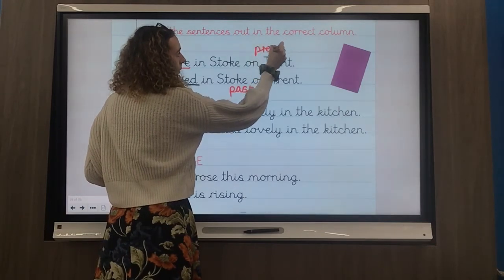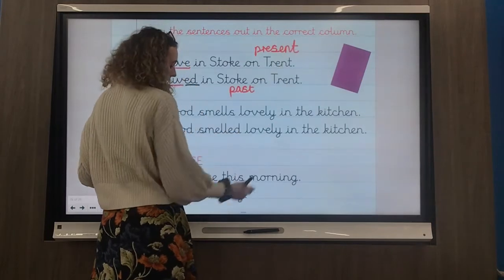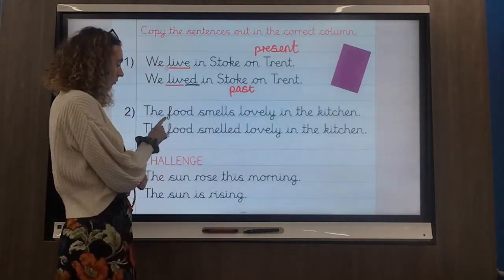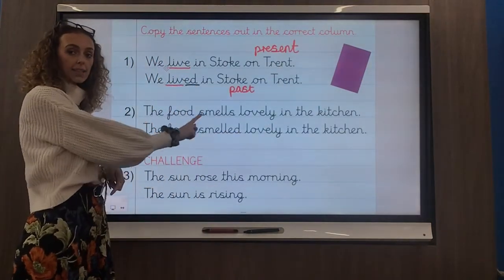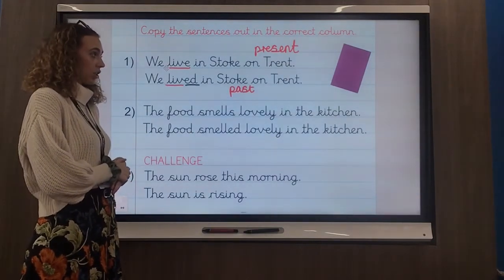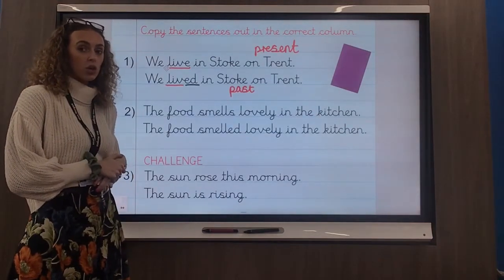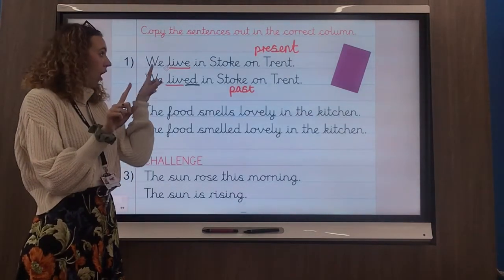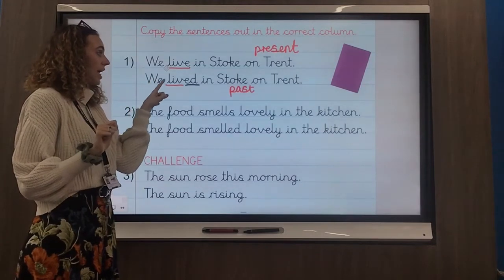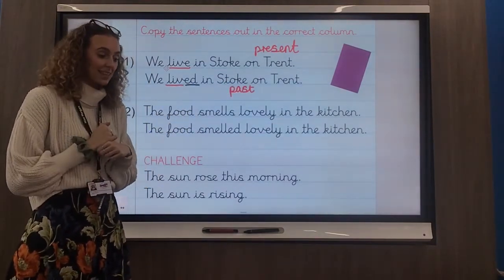So I've helped you with the first one, and it is now your job in a moment to figure out which is your past tense sentence here and which is your present tense sentence. So you will write these in your books now. So for number 1, I found out that we lived in Stoke-on-Trent is my past tense sentence.